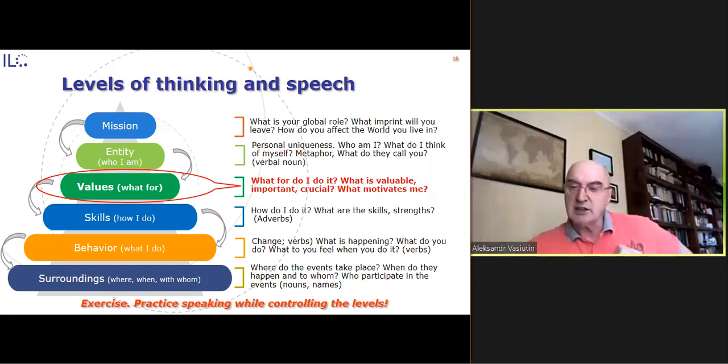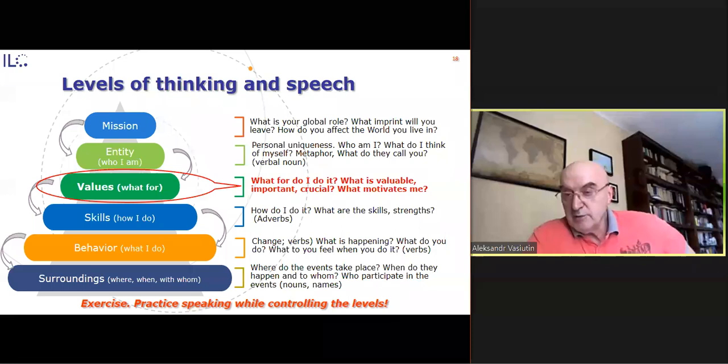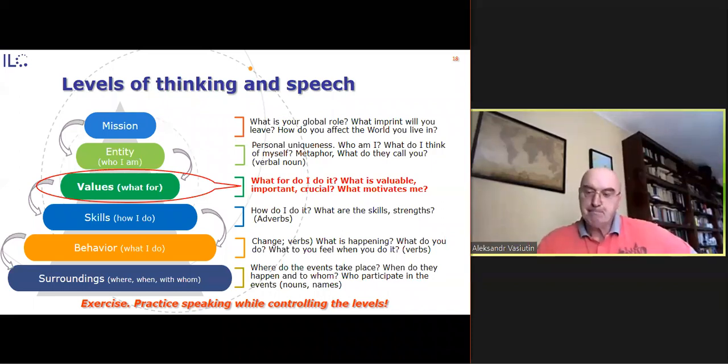You can find and tell a person something, and he will actually be influenced by you because they will reveal something new. You may spot some traits, some qualities of this person. But there is even a higher level, and this is the level of values.